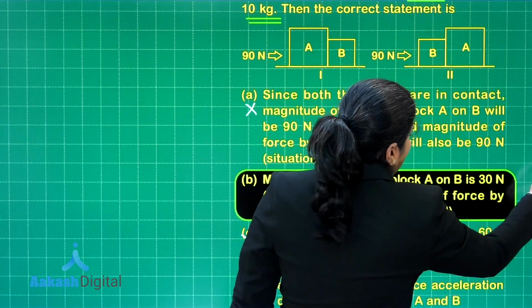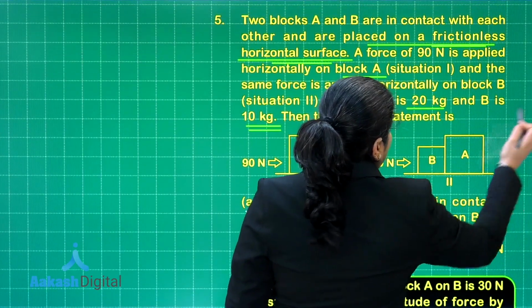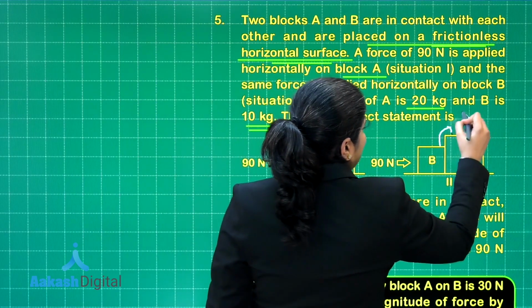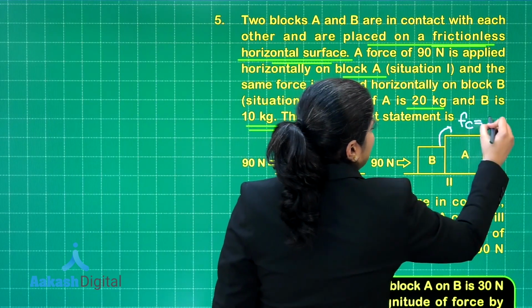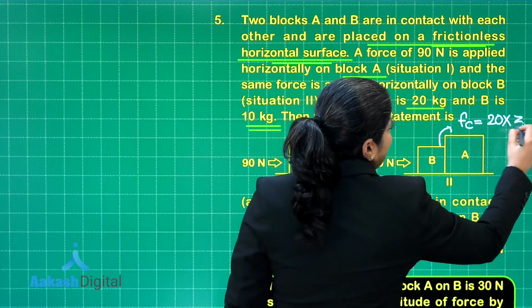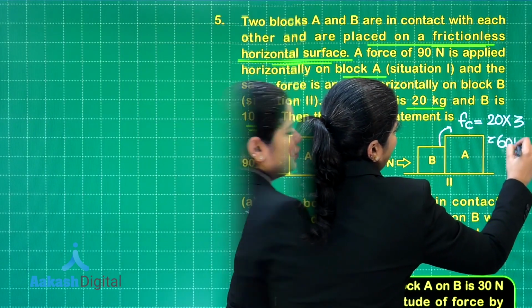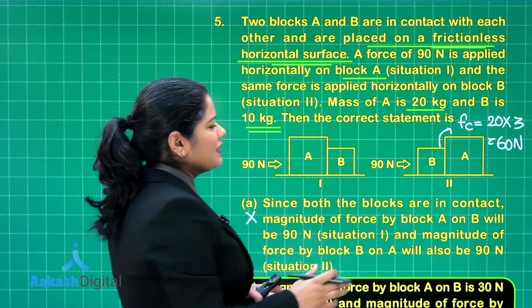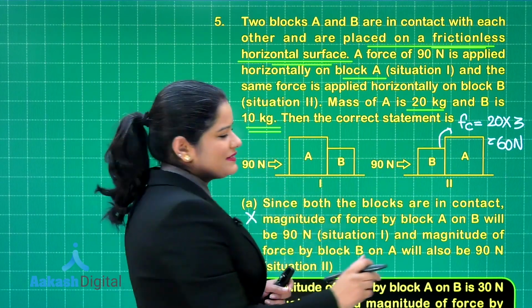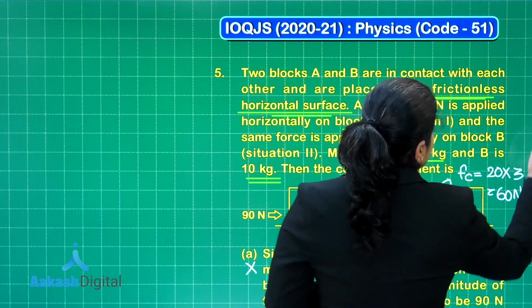Similarly, if you try to find the force here, FC will be the mass of this block multiplied by the acceleration, which is 3 in this case, so this will be 60 Newton. The force exerted on block A by block B in this situation will be 60 Newton. I hope this is clear to you guys.